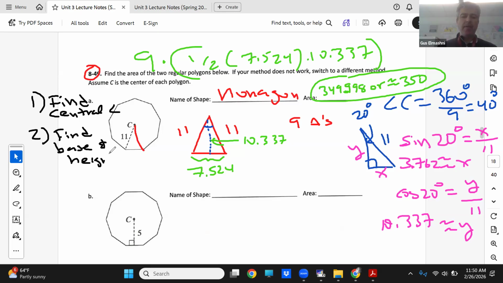And three, find the area. That's your three-step process: find the central angle, find the base and height, find the area. Okay, I think you guys can handle this. I'm going to let you do part B. Let's see if anyone can get part B.